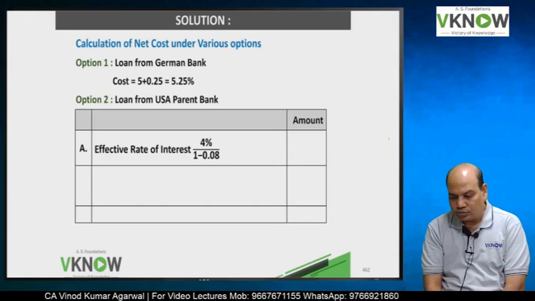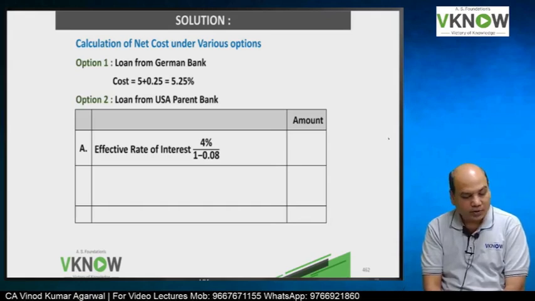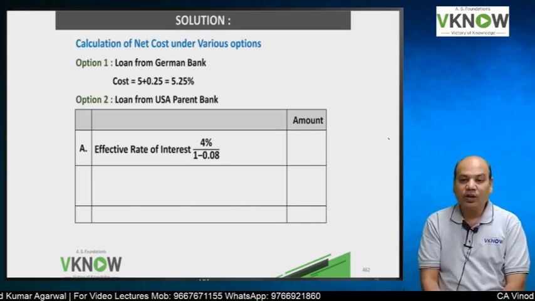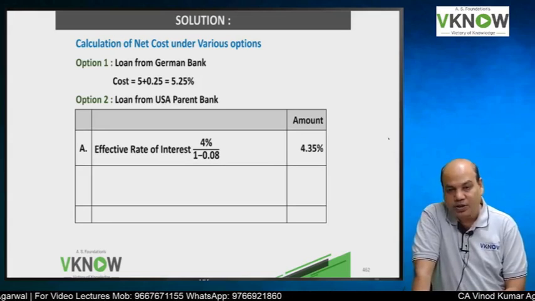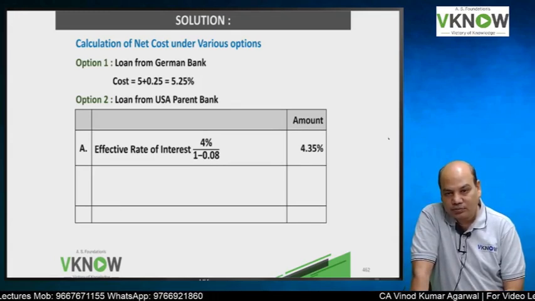I will have to pay a higher amount so that the withholding tax is also covered. After deducting withholding tax, the US bank should get 4% in their pocket. Is it right? So I will actually have to pay 4.35%.